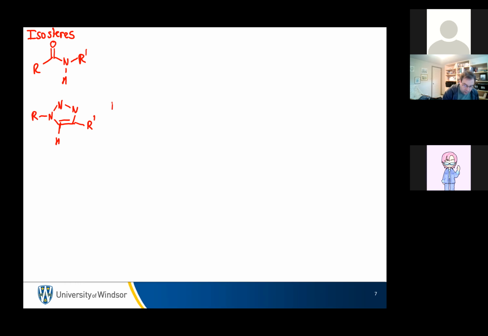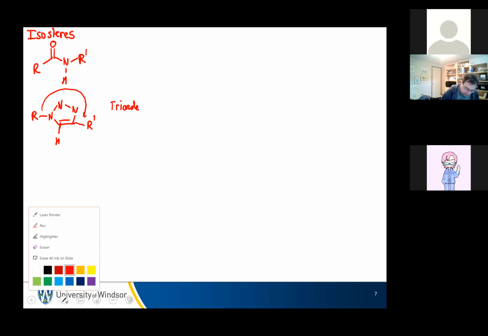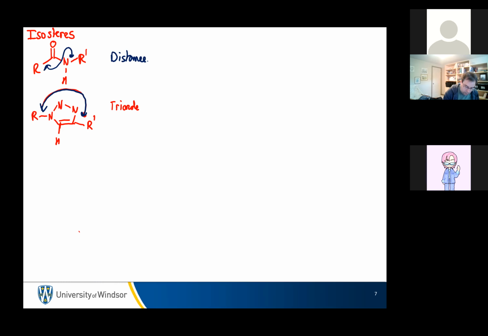This is the triazole. And one of the arguments is that, well, look, this distance, sorry, I didn't change color. The distance is the same between the R groups.